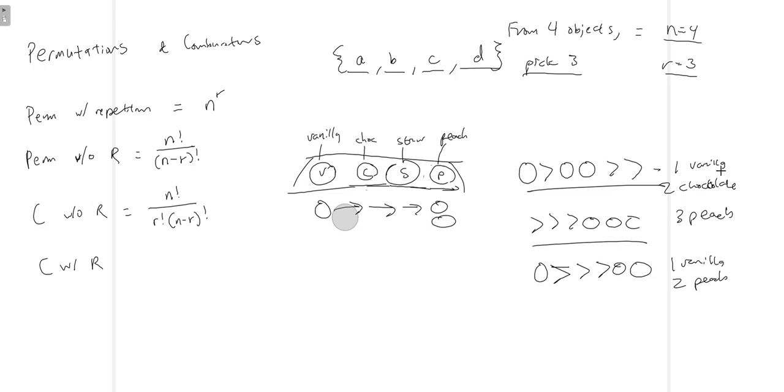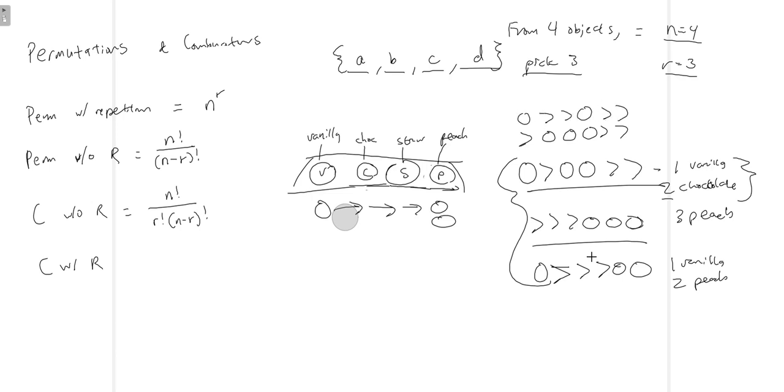Each of these is one combination with repetition. I can get 2 chocolate; I'm not just forced to get 1 chocolate. So all we need to do is find how many ways we can write this sequence. I can write it like this, or like this.